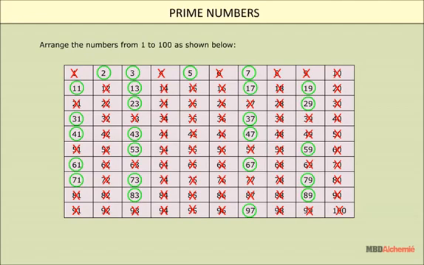The remaining numbers except 1 are composite numbers. This method is known as the sieve of Eratosthenes. Note: from the above list of prime numbers, we observe that every prime number is odd except 2, but every odd number need not be prime.